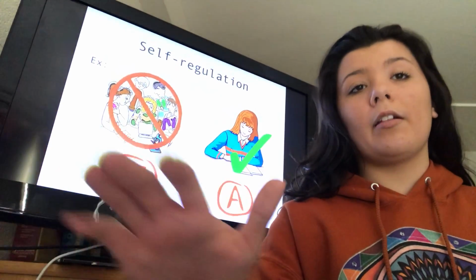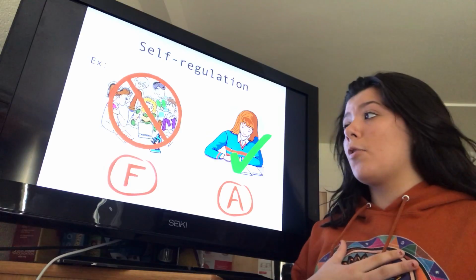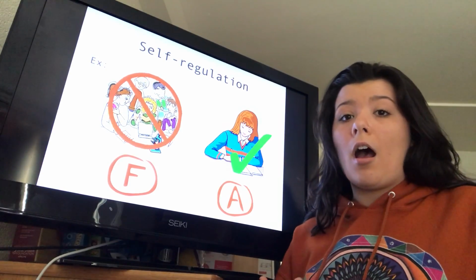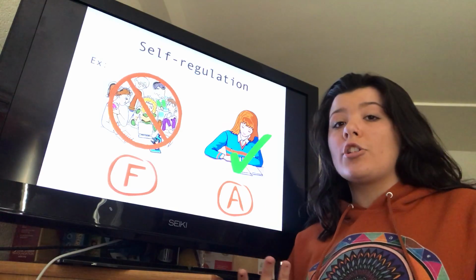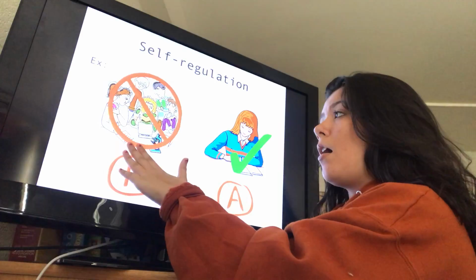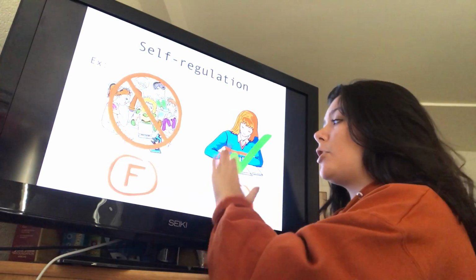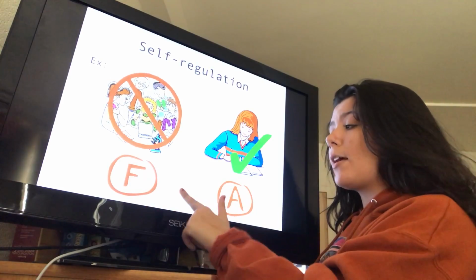So an example of self-regulation is, I assign a test on Monday for my students in my Civil War era history class. One of my students is asked to participate in a study group, but she knows that the last time she did that, she got an F. So she self-regulates herself.